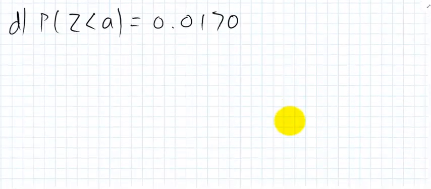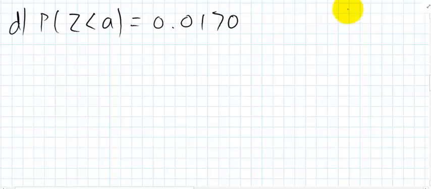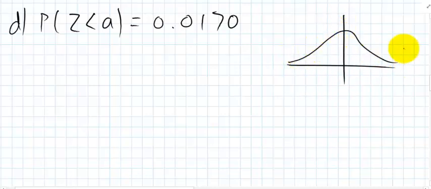Last question. The probability of Z being less than A is 0.0170. Right, we want Z to be less than A, so we want to work out the area from the left. And how big is the area? It's only 0.017, so it's going to be left on this side, let's say around here.